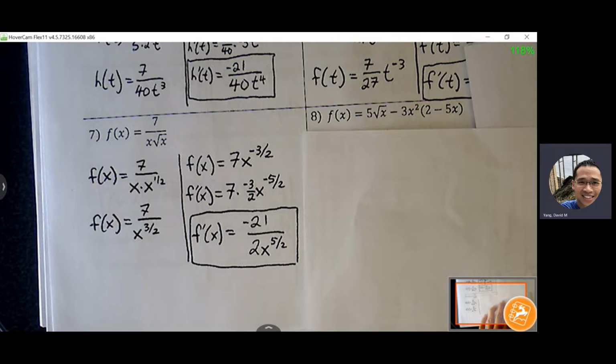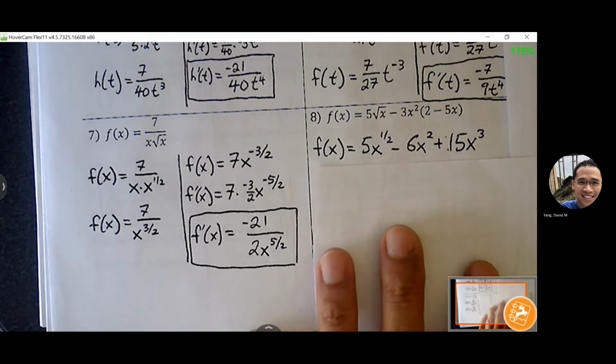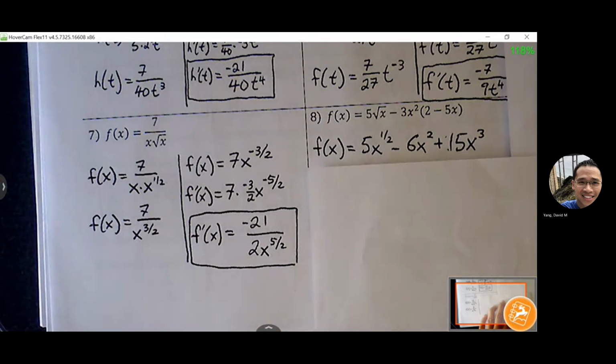Okay, so that radical converts to a rational exponent. Make sure you distribute the 3x squared through, and then you can apply power rule. Once it's nice and clean, all the conditions met, now you're ready to go through your calculus step.